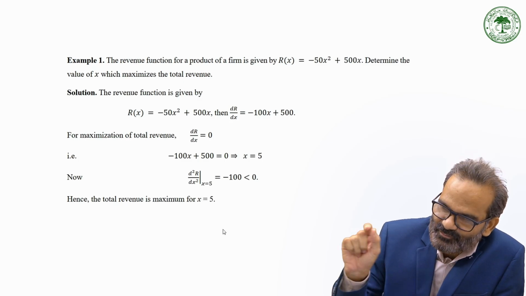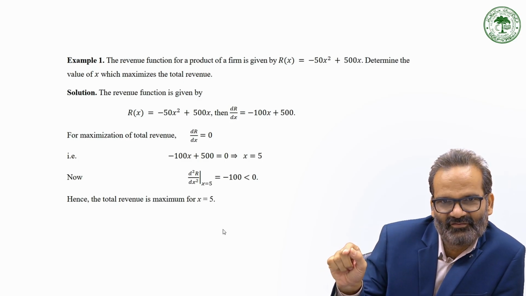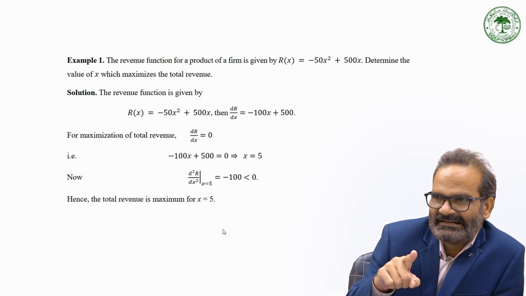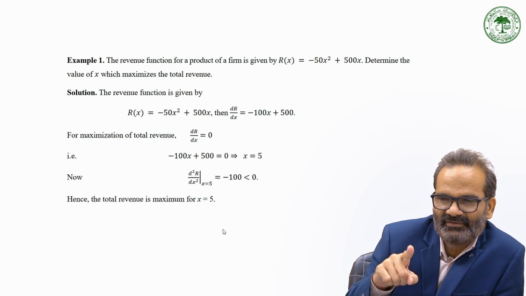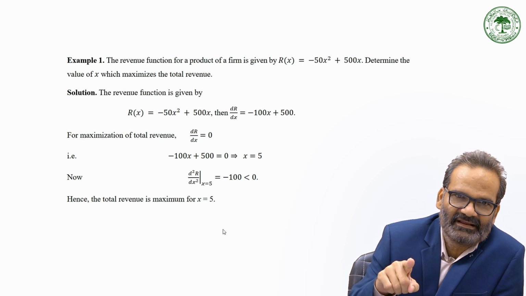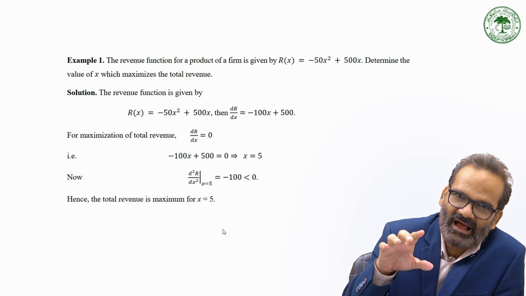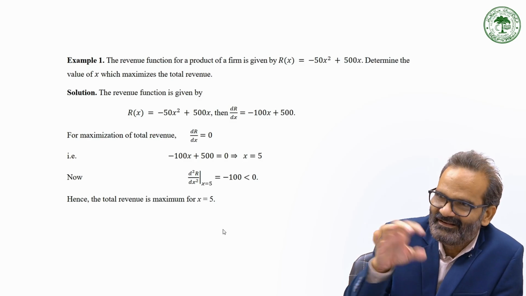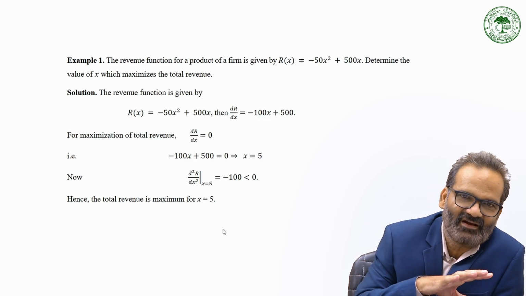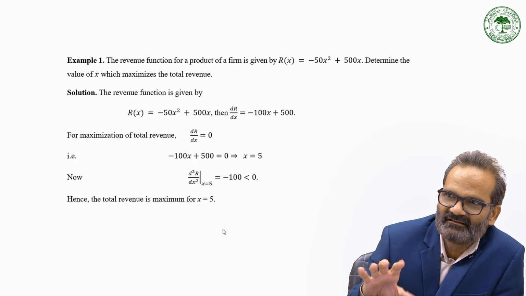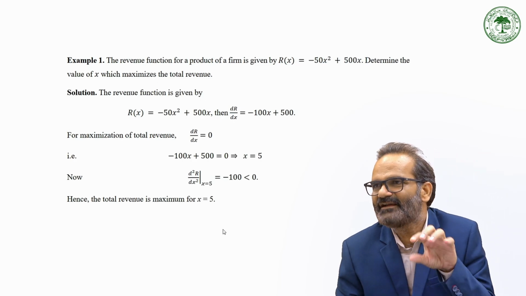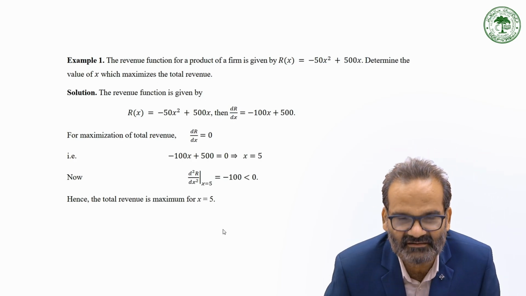To check which point gives the maxima, we are not concerned with the minima in the case of the revenue function. We are directly concerned with the case of maxima. We have to maximize it because in the case of the cost function, we have already minimized it. So we will always try to maximize our revenue function.